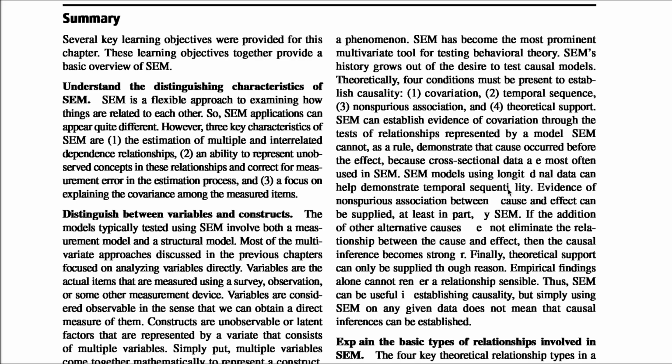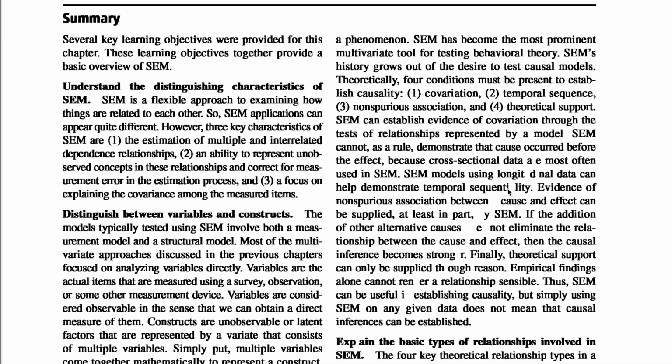Structural equation modeling can establish evidence of covariation through the test of the relationships represented by the model. Structural equation modeling cannot, as a rule, demonstrate that the cause occurred before the effect. Because cross-sectional data are most often used in structural equation modeling, using longitudinal data can help demonstrate temporal sequentiality.